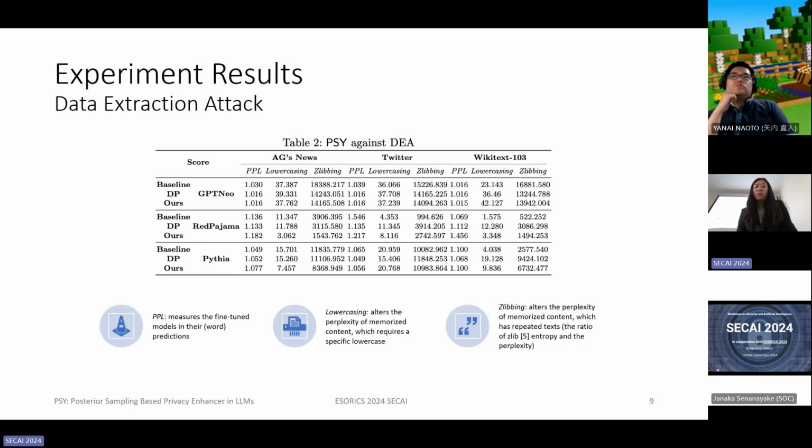And zipping alters the memorized content, which has repeated texts. In comparison with the baseline, which has no privacy protection, and differential privacy with parameter epsilon equals 0.1, the results show that our method can reduce memorization.